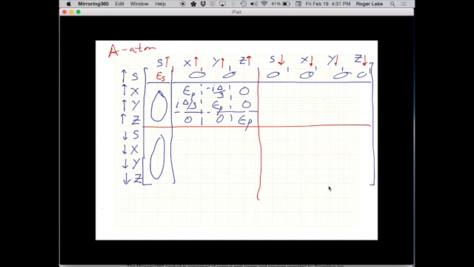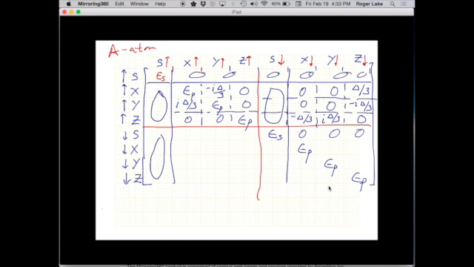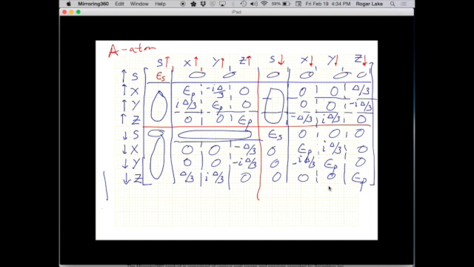You get couplings between upspin and downspin. So way over here, we have a coupling between the x up and z down, and a coupling between y up and z down. This is i delta over 3 and minus i delta over 3. And then 0, 0.